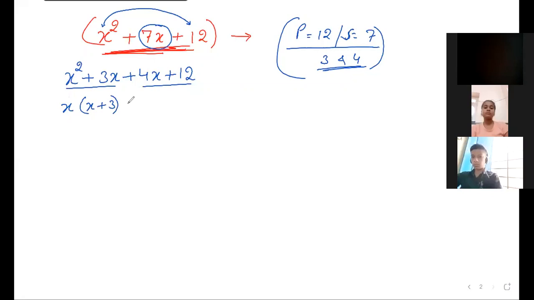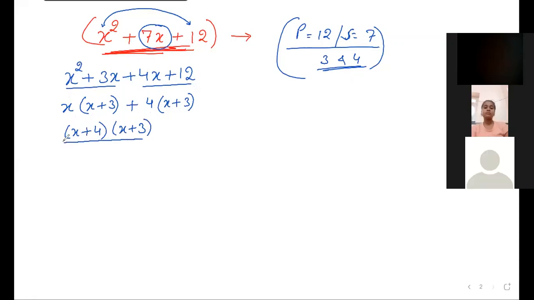So x plus 3 is there. In the next two terms, 4 is common. So you have x plus 3. Then x plus 4 and x plus 3. So these are the two factors which you have.